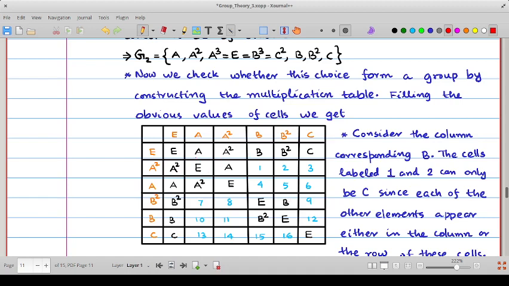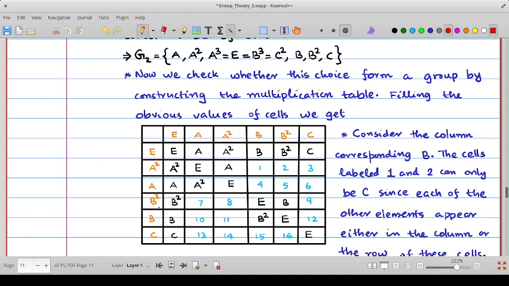So the inverse of A here is A square, the inverse of A square here is A, and the inverse of B here is B square, and so on. And if we arrange the row labels in such a way that each row corresponds to the inverse element of the label of the corresponding column, then we will have the diagonal elements equal to the identity of the group.